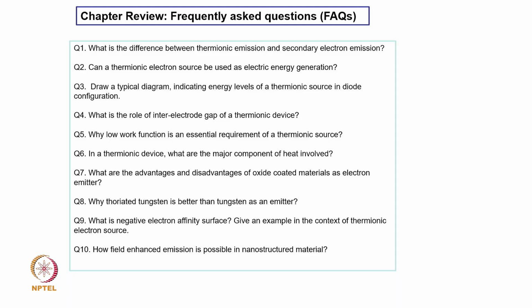Okay. What is the difference between thermionic emission and secondary electron emission? So, what is thermionic emission? Again, it is a temperature driven process, where heat energy is supplied and electrons are emitted. What is the secondary electron emission process? It is where electrons strike a surface, go inside, and generate some secondary electrons very close to the surface, and the secondary electrons come out.